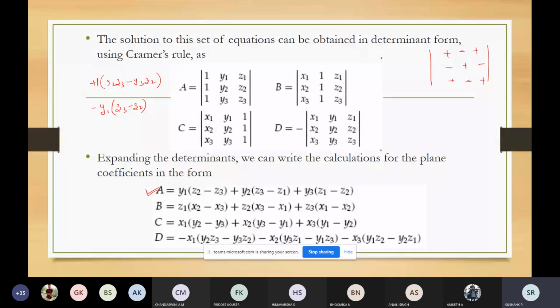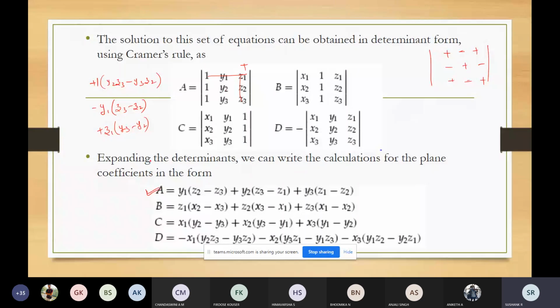The last one is plus, so plus z1 into, cancelling this part, 1 into y3 minus y2. That is how this equation is obtained.